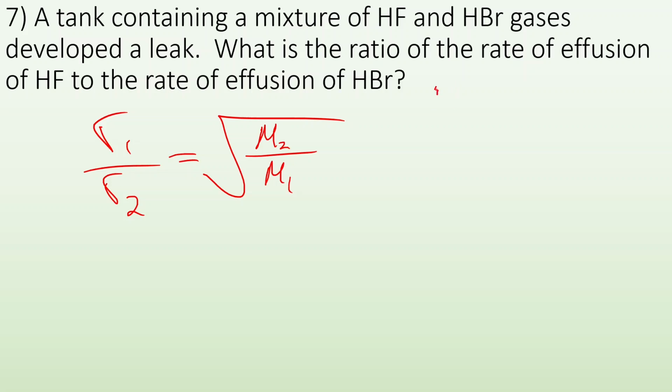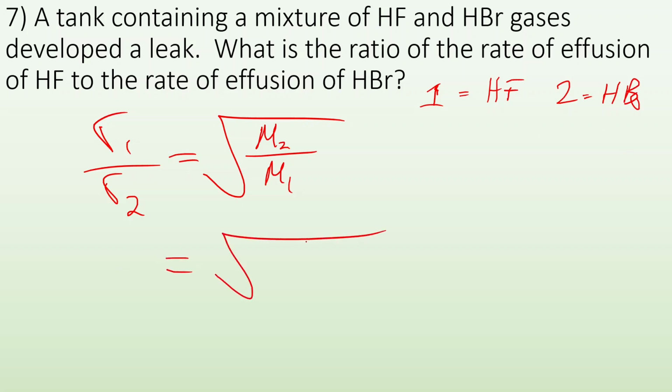So I'm going to say 1, let's make that HF, which means 2 is going to be my HBr. So if the rate of 1 divided by the rate of 2 equals the molar mass of 2 divided by 1, then that's really saying the rate of HF divided by the rate of HBr is proportional to the square root of the molar mass of HBr divided by the molar mass of HF.